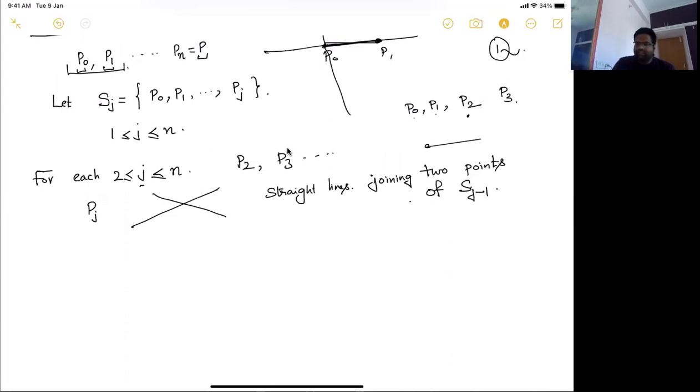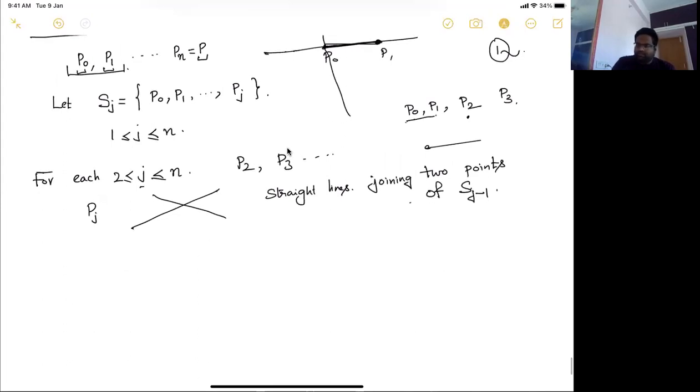You have already constructed P0, P1, and P2, for example. Then P3 is obtained simply by joining any 2 points of P0, P1, P2. These are the 3 possible straight lines you can form using the points P0, P1, P2. This is one process.